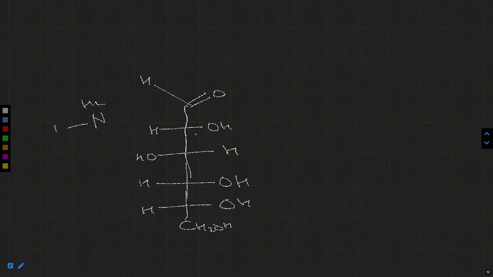Then we have NH2, NH2, and a benzene ring attached to this. We have an NH here. This has a lone pair, and it will attack this center.